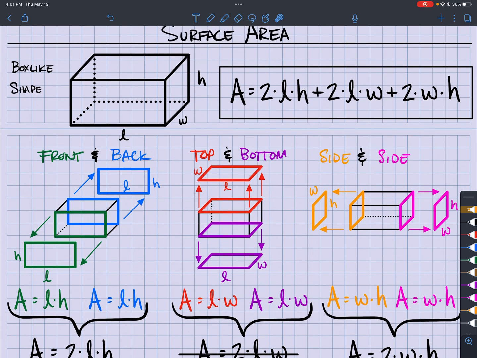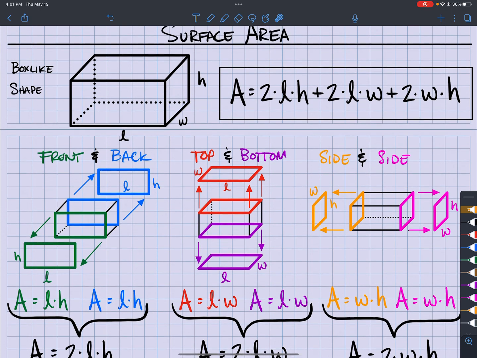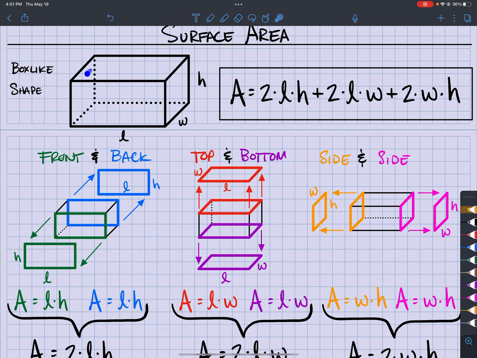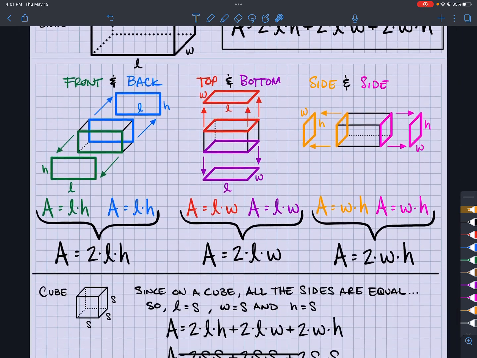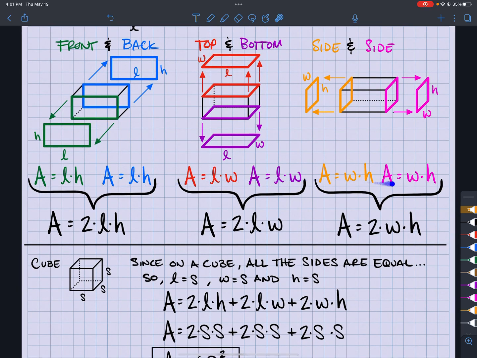Then I'm taking the side and putting it off this way, and taking this side and pushing it off that way. So I see again I have two surface areas that are just regular rectangles, which is the height times the width, or the width times the height. Okay, so that's what I'm showing right here. Because these two are the same, that means I got two of them. These two are the same, so I got two of these.